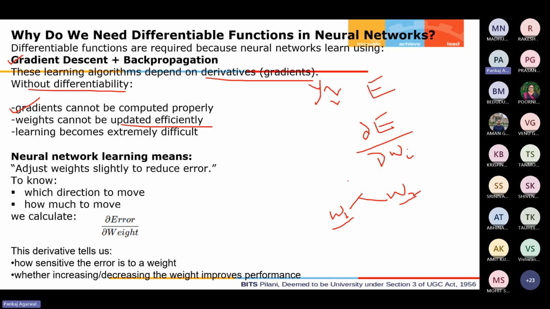Let me give it a simpler example. In a company, for example, you have given some task, and suppose a set of four people solved a problem and gave some kind of outcome.